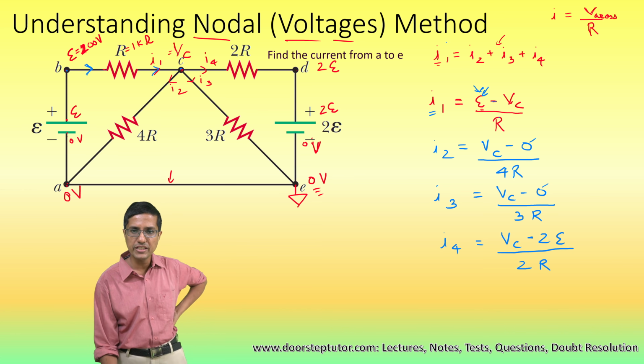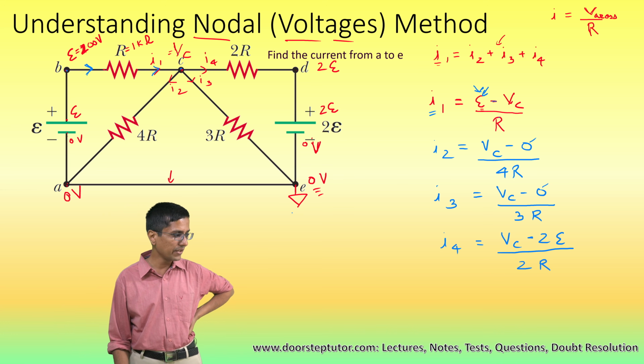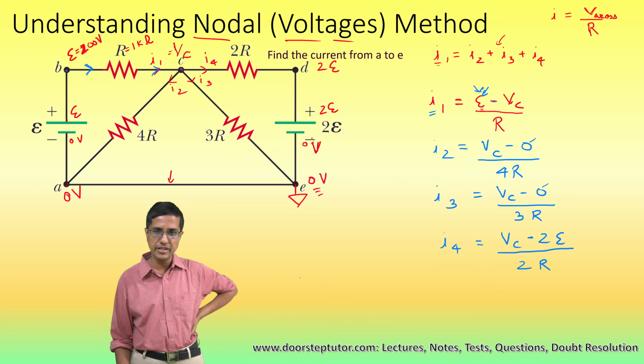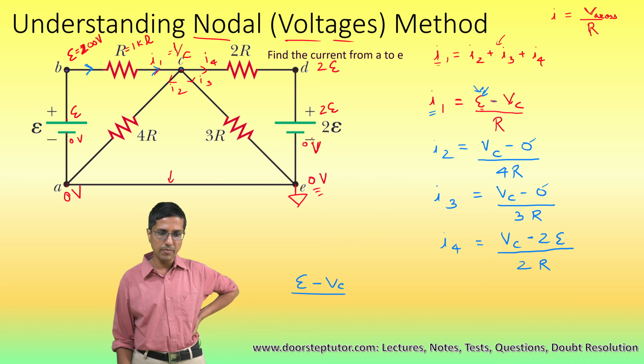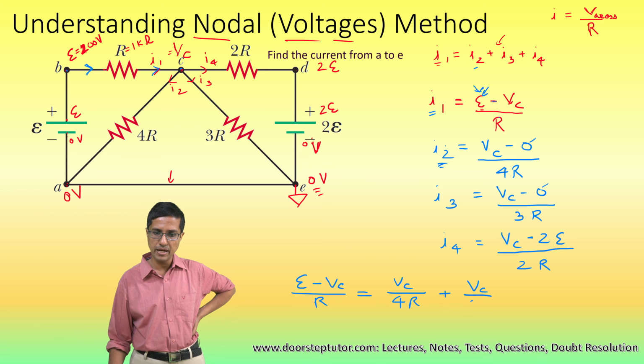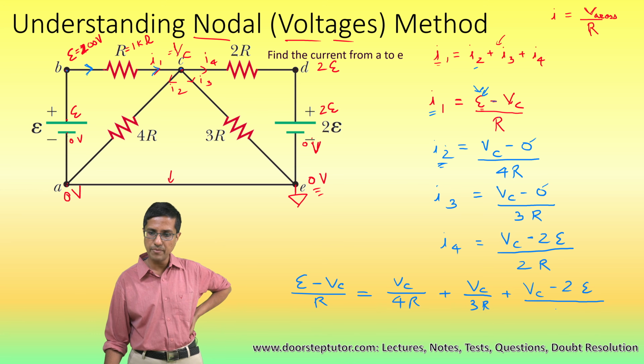I can substitute these values in this equation, and you would quickly notice that my job becomes very, very easy. I substitute epsilon minus Vc by R is equal to I2, which is Vc by 4R, plus I3, which is Vc by 3R, plus I4, which is Vc minus 2 epsilon divided by 2R.